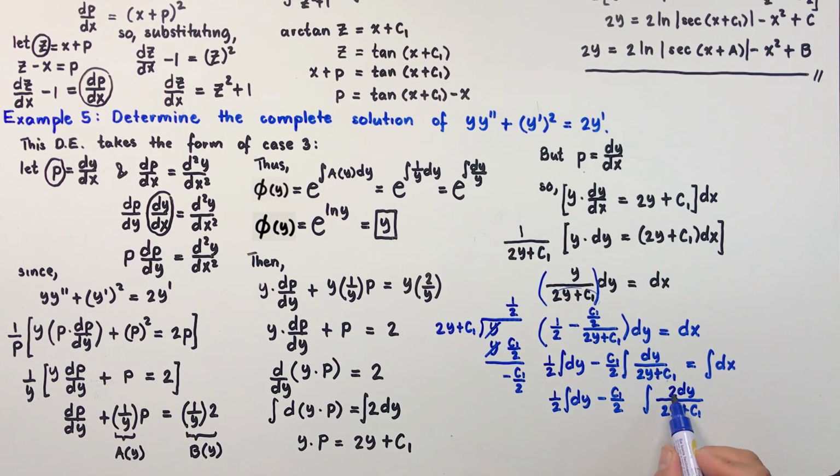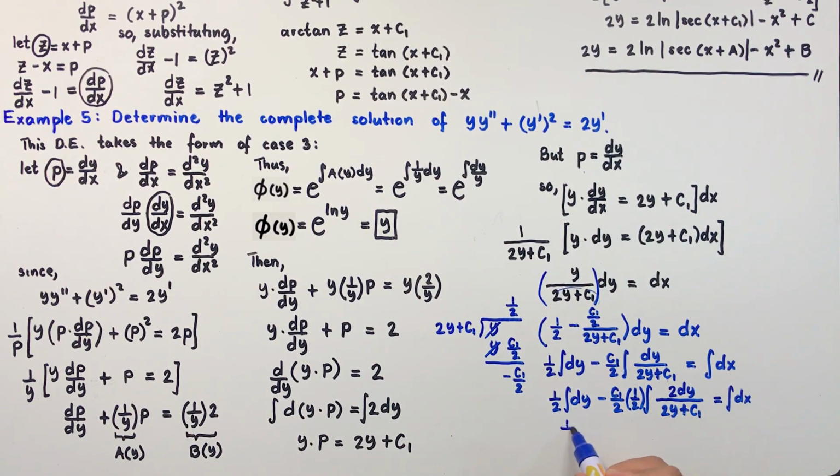And to neutralize this added factor here of 2, we need to multiply outside the integral symbol by 1/2, so that 1/2 times 2 is just 1, as if I have done nothing to this term here. And this is equal to the integral of dx.